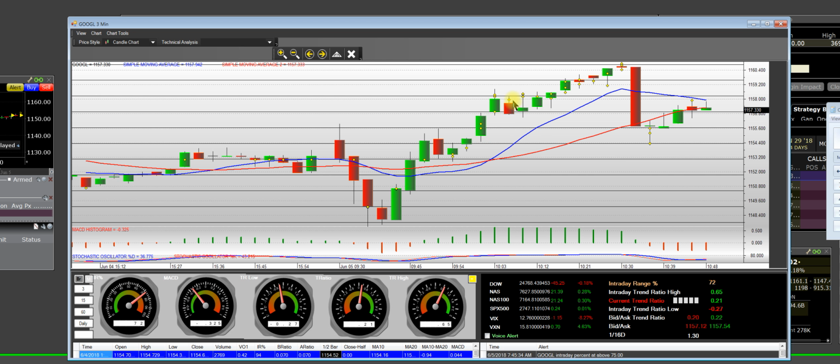Now watch. It comes down here. It doesn't break below the 2 diamonds. But what he does do is he bid pops 1, 2, 3 more final teenies, and look what happened. Kaboom!